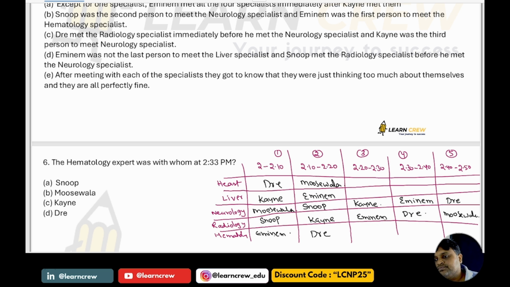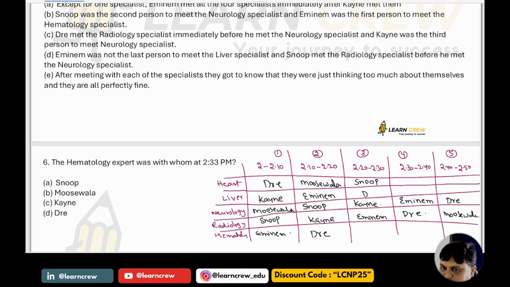Okay. Now please see here, Kane and Eminem are fixed here. Now, the remaining people are DRE, Moosewala and Snoop. Already it is DRE, Moosewala, so it has to be Snoop. Now three are fixed. The remaining are DRE and Moosewala. It cannot be DRE because DRE is already here.